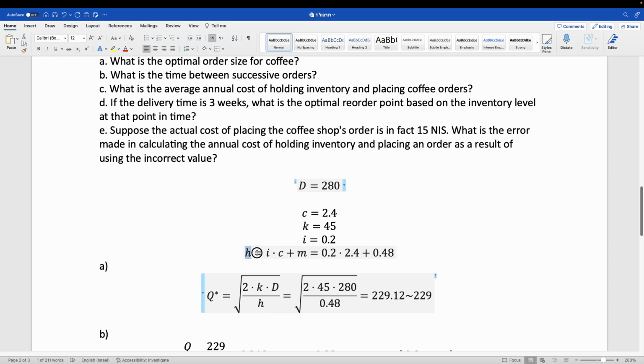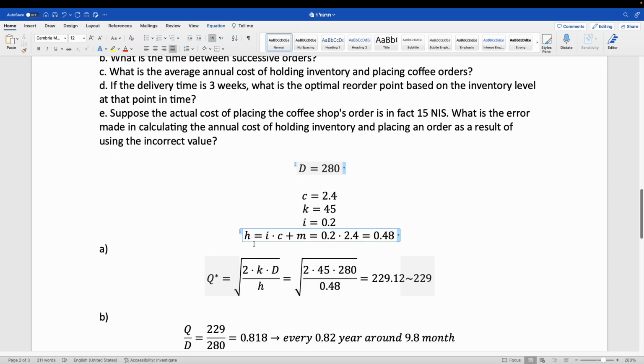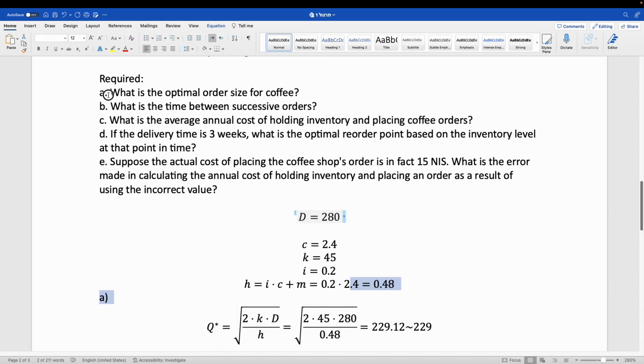And here we are calculating the holding cost. So this is the interest and this is the holding cost. Holding cost is the interest times the cost per unit plus the maintenance cost. So we get 0.48. Good, right? And because we get 0.48, now we can calculate the first section, which is the optimal order size.